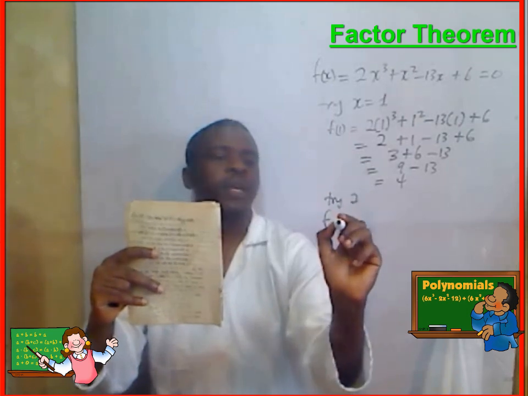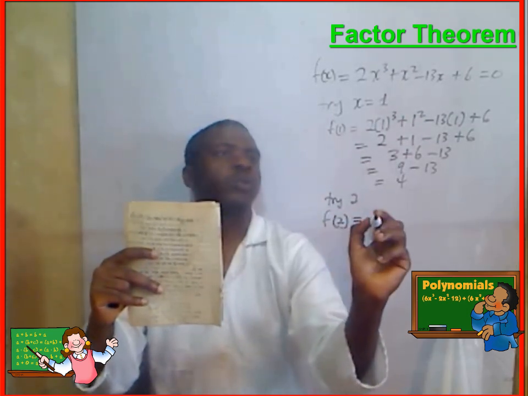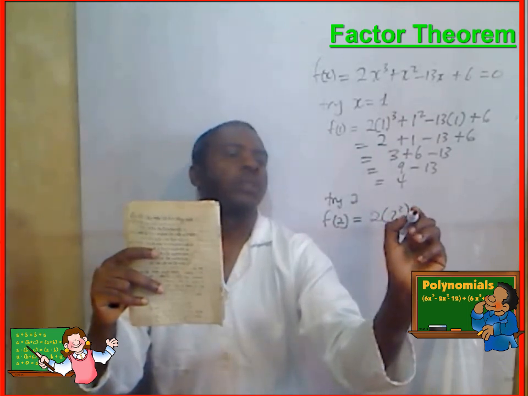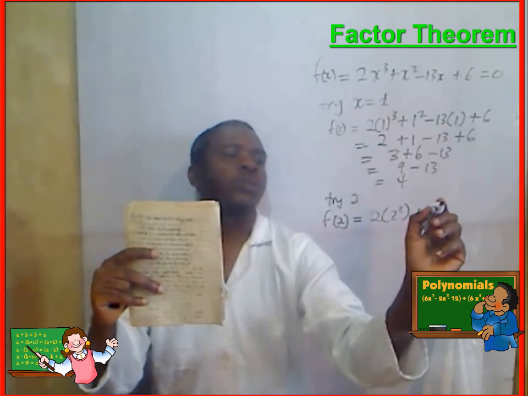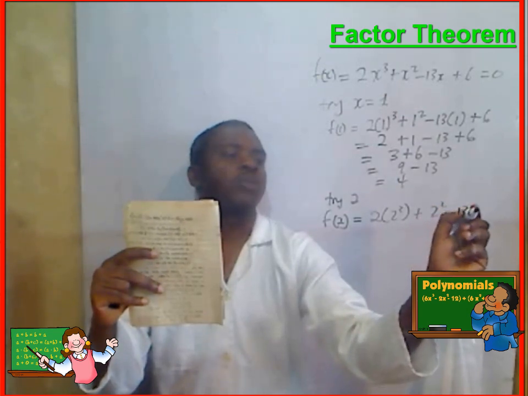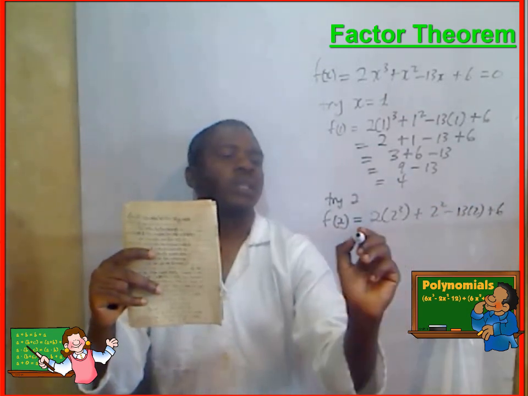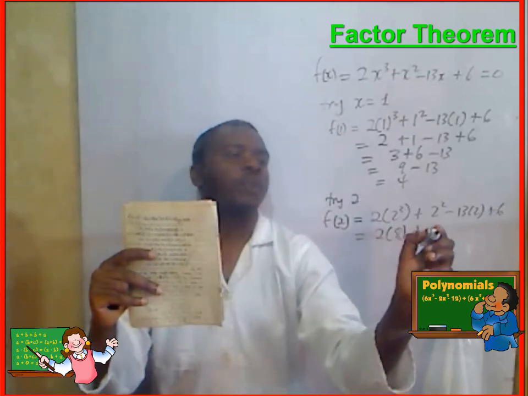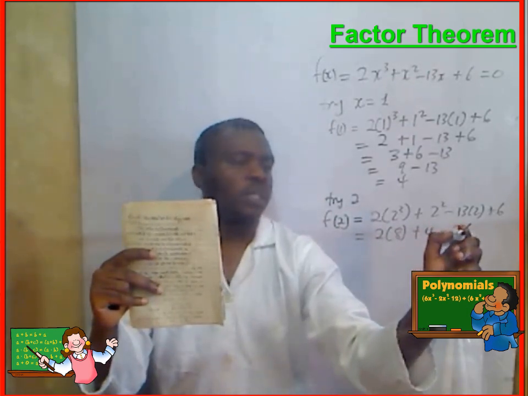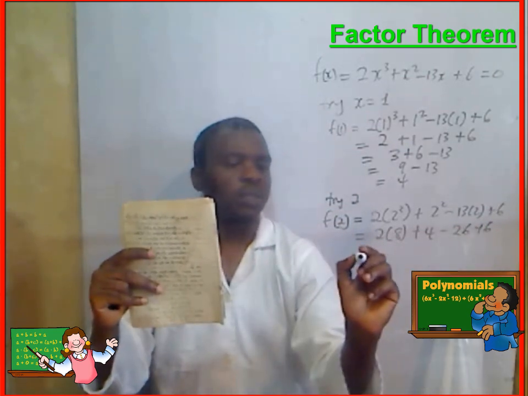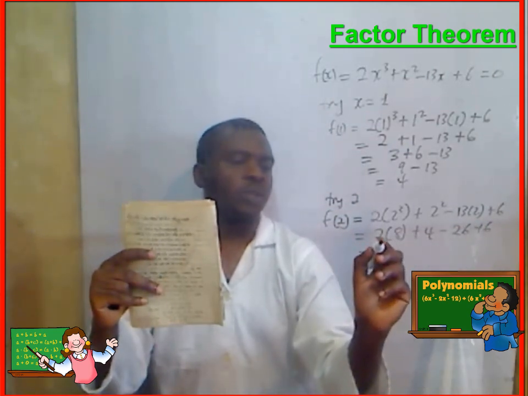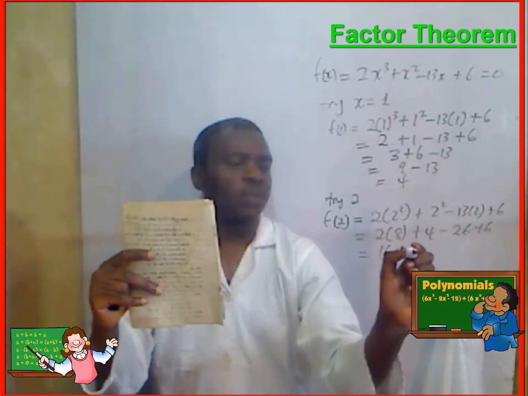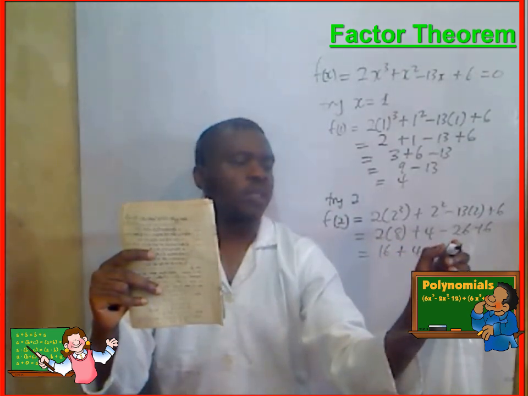I'll have f of 2 equal to 2 times 2 cubed plus 2 squared minus 13 times 2 plus 6. This is equal to 2 times 8 plus 4 minus 26 plus 6. 2 times 8 gives us 16 plus 4 minus 26 plus 6.